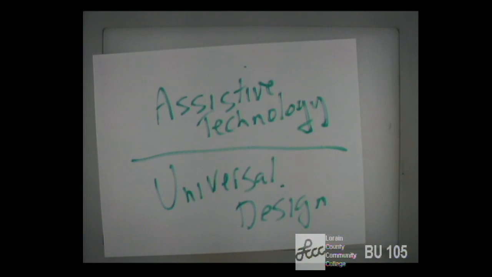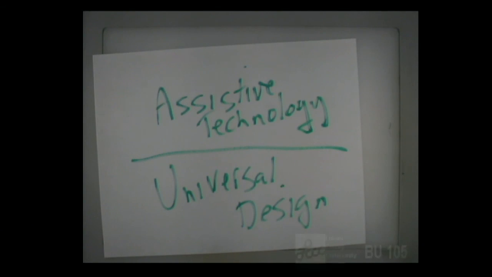If you think about it, this exists in the physical world as well. An example of an assistive technology would be a wheelchair. A wheelchair is a piece of technology that allows someone that can't walk to move around campus, let's say.